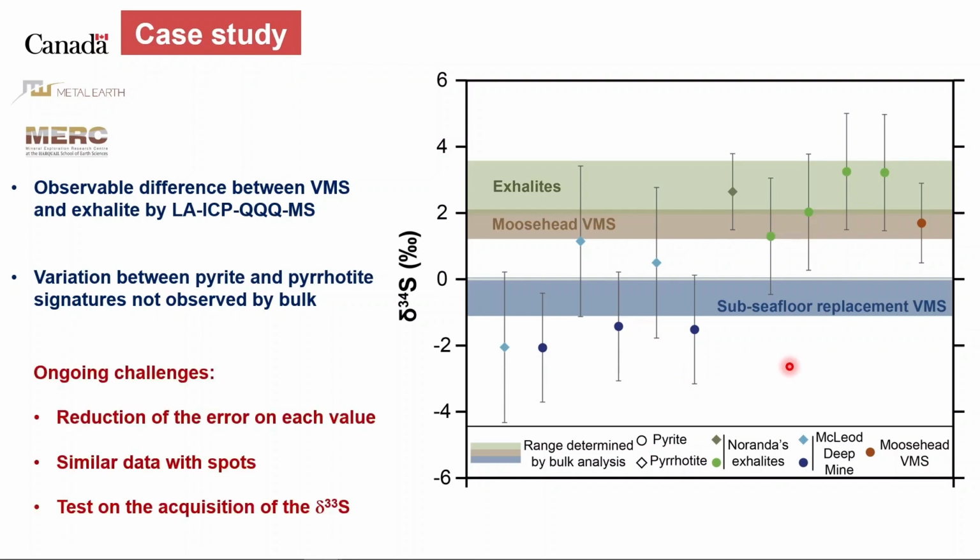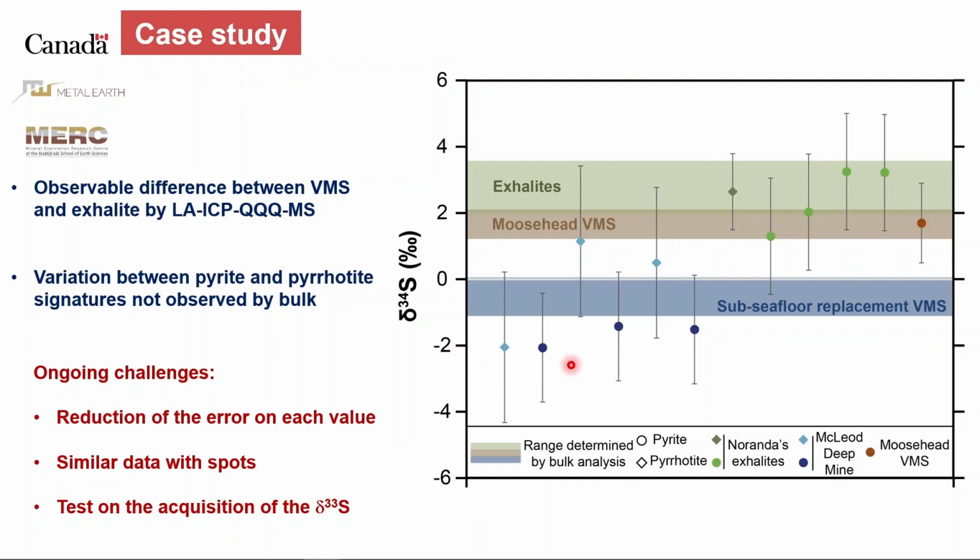So, just the ongoing challenges. As I said, we'll try to reduce the error on each value, and I'm pretty confident that we can decrease it. We'll see how much, but definitely less than 1 per mil.